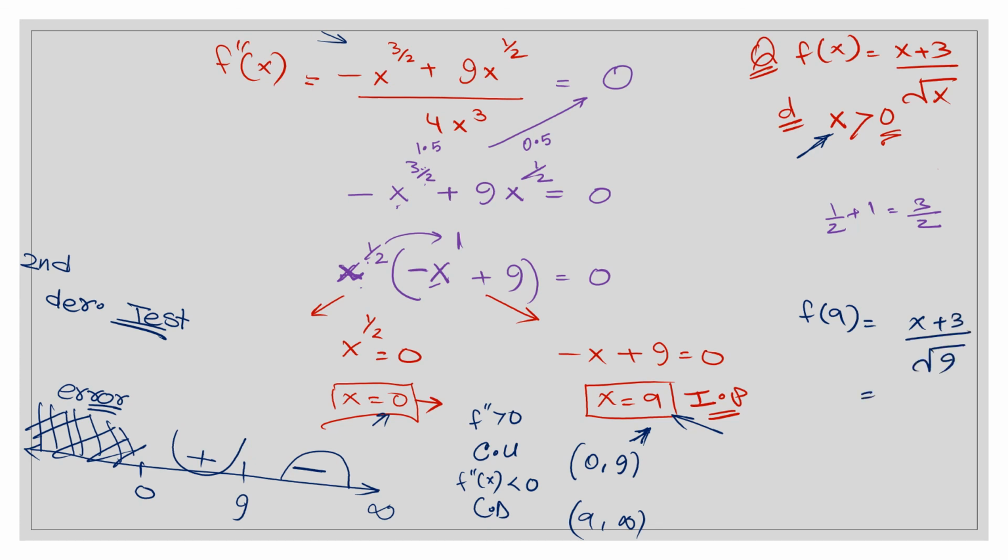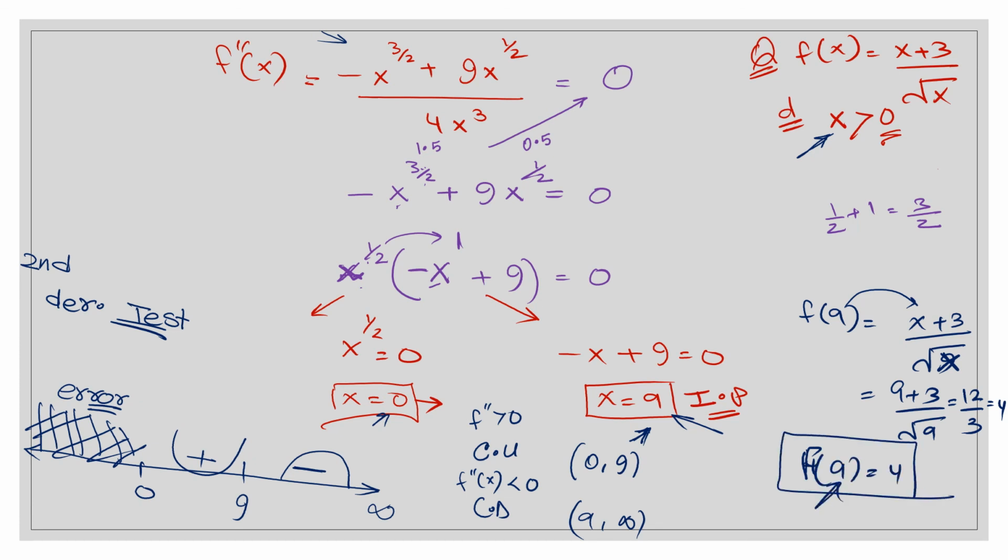So replace x by this 9: (9 + 3)/√9. It will give us 12 over 3, which equals 4. So f(9) equals 4. So the x value is 9 and the y value is 4 for this function.